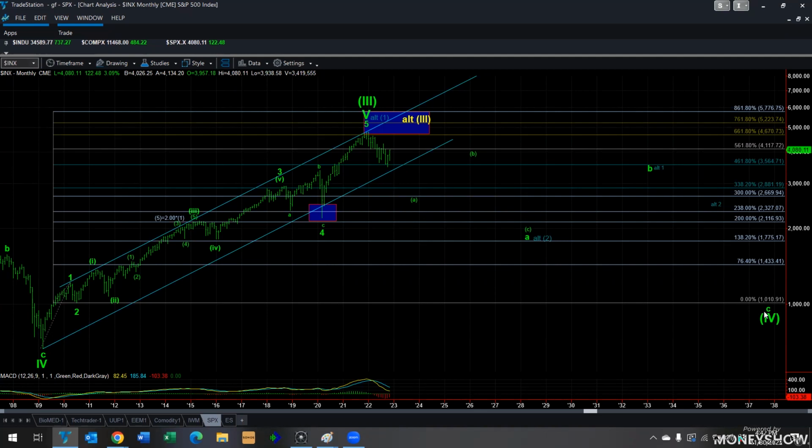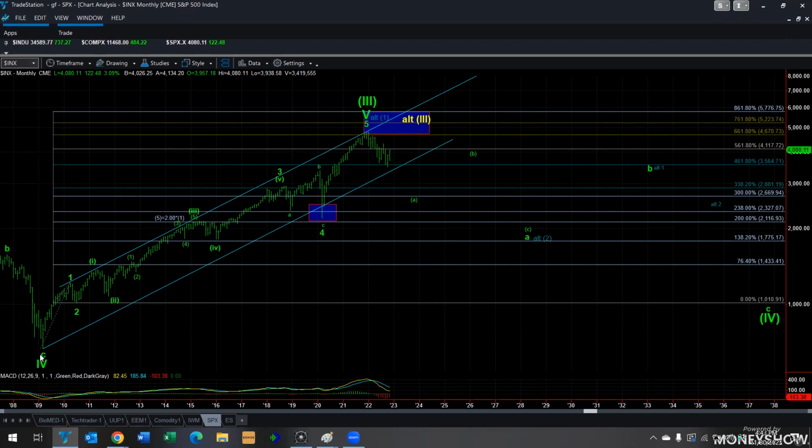And as I mentioned before, the 4th wave of one lesser degree was the bottom we struck in March of 2009. And if you remember what that is, yes, that is 666, the devil's number. That is normally a target that we would set for this large degree 4th wave once it begins.